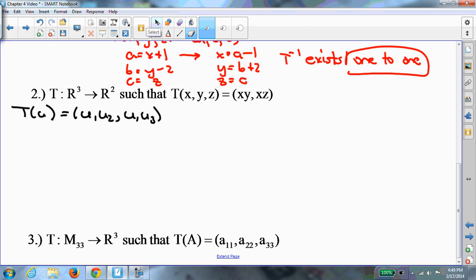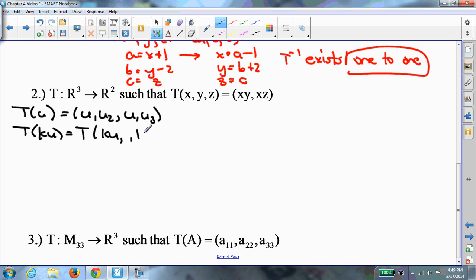So then T of ku would basically equal T of ku1, comma, ku2, comma, ku3, because k is a scalar being multiplied by the vector u. And so if I apply T to this, I'm going to get the x and the y component multiplied together. So that's going to be k squared u1, u2. And then the x and the z component multiplied together, so that's going to be k squared u1, u3.